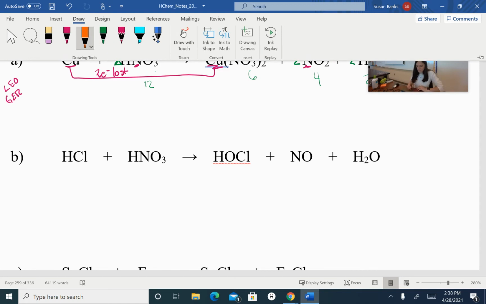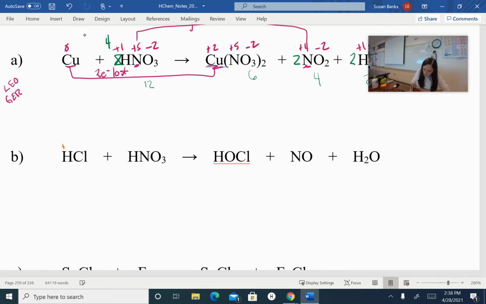assign oxidation states. So here we go. +1, -1, +1, +5, -2. Now this one's kind of weird. So which is the most electronegative element here? Is it oxygen or is it chlorine? It's oxygen. So oxygen is a -2.